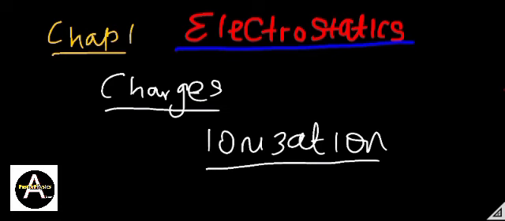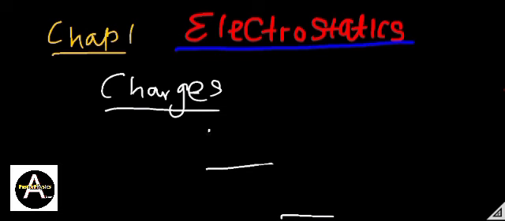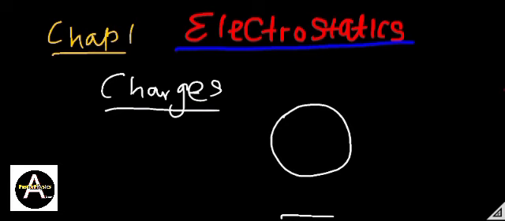Right? Okay. Now inside the atom, we make sure this class is as short as possible. According to Rutherford model, here is the electron, right?